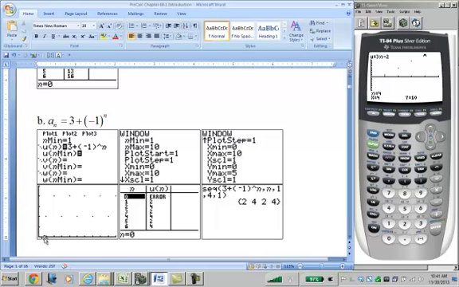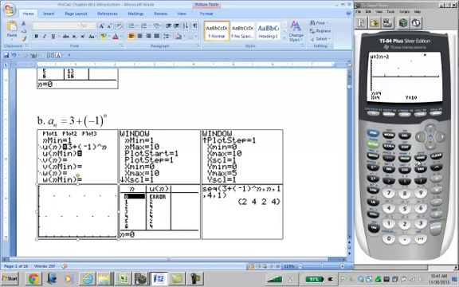Well, I set it up here. Okay, here's the window. I got 1, 10, 1. All right. So when n equals 1, a sub 1 equals 2.